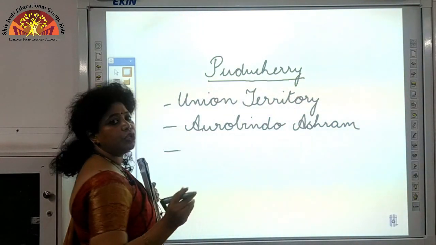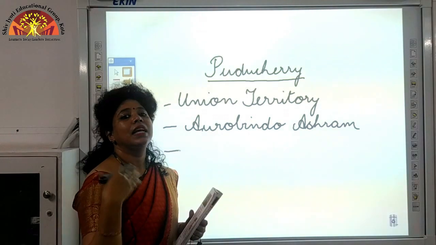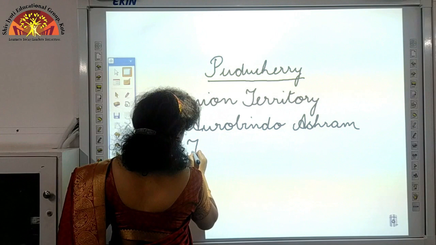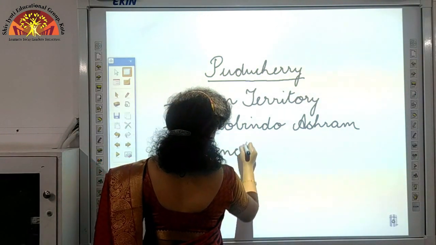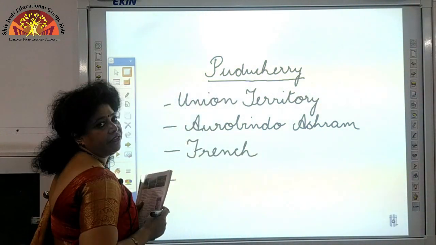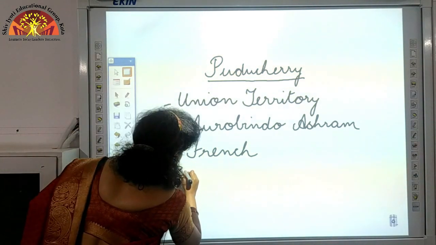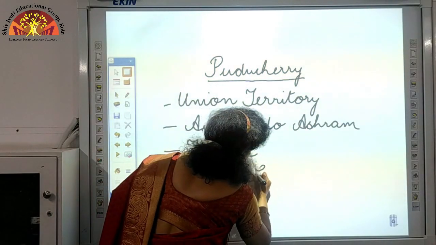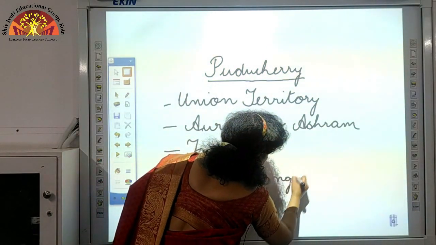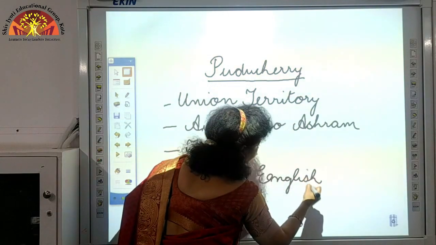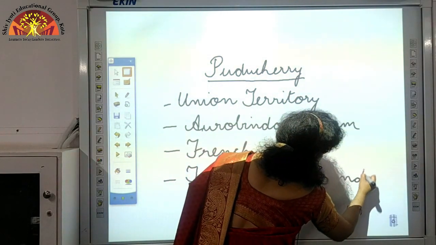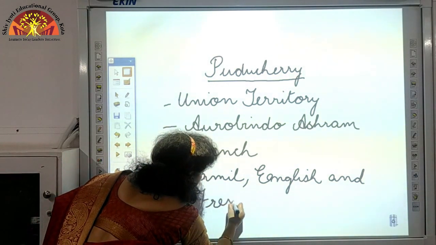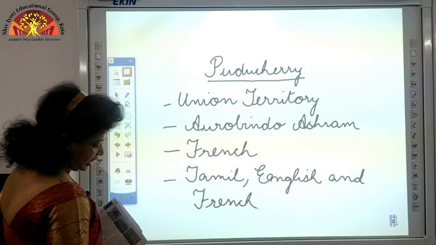Puducherry used to be a French colony, that is, it was previously ruled by the French. The main languages spoken here are Tamil, English, and French.